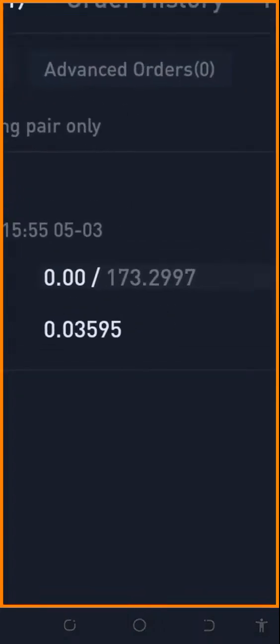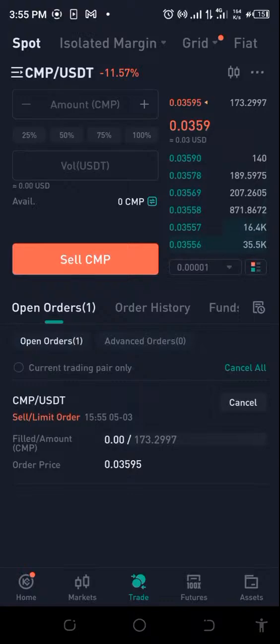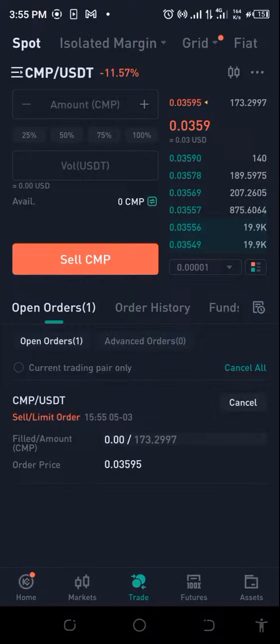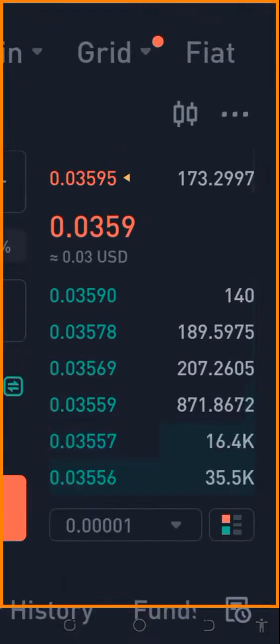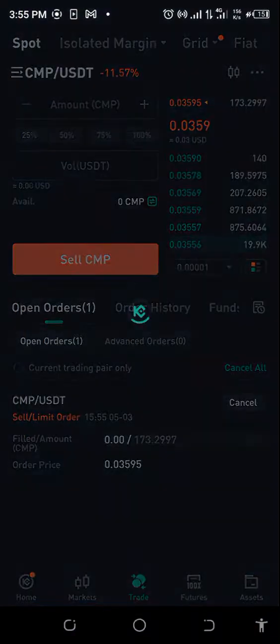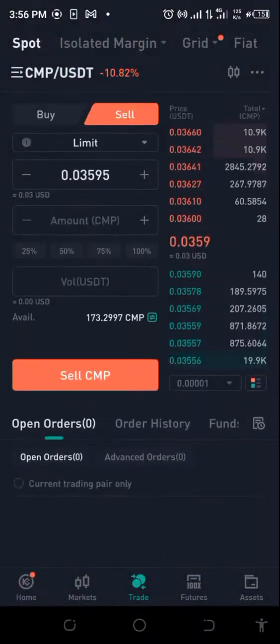Okay. So I'm thinking that if I can get this sold immediately, this is 173. Okay, if I'm going to be able to get this sold immediately, let me see. This is 173. I may have to sell it at this lower price. Let me cancel it one more time. Let's do this, whether this will work. This is 173.